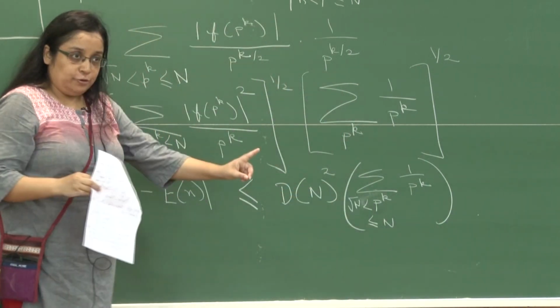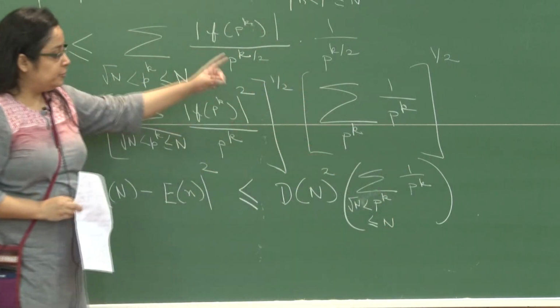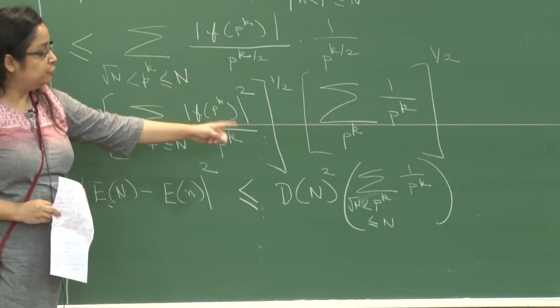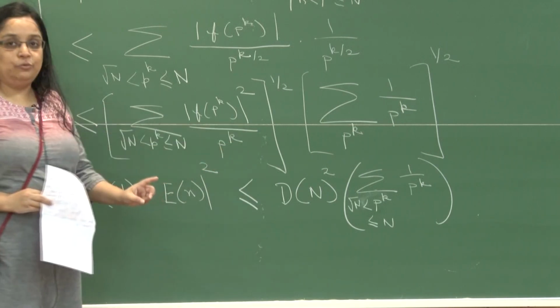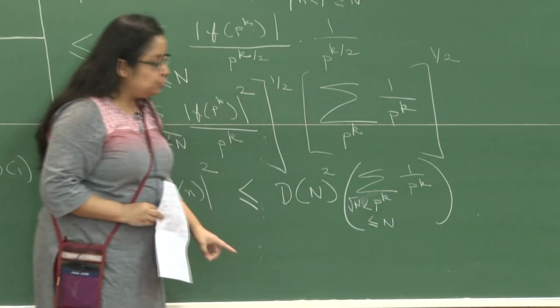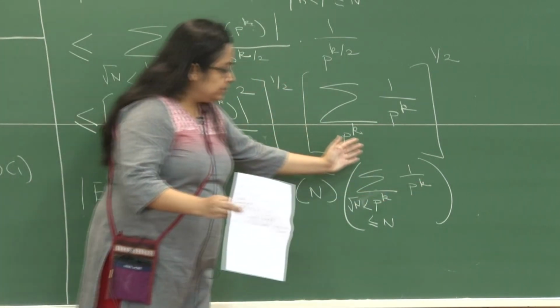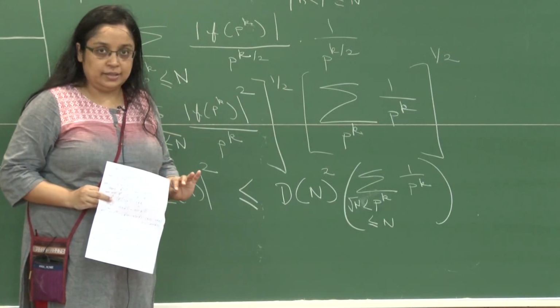Now we saw before that in this sum, the dominant contribution will come from 1 over p, all those cases when k is exactly equal to 1. When k is greater than or equal to 2, what you have is a sum which is contained in a bigger sum which is absolutely convergent.